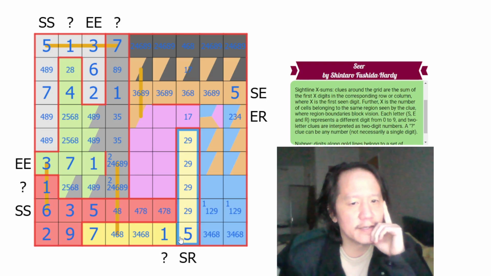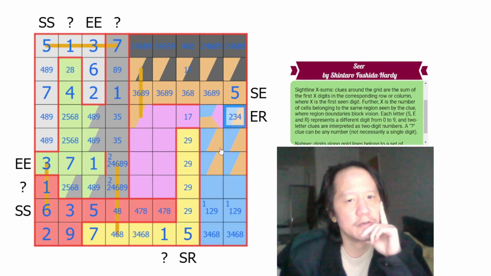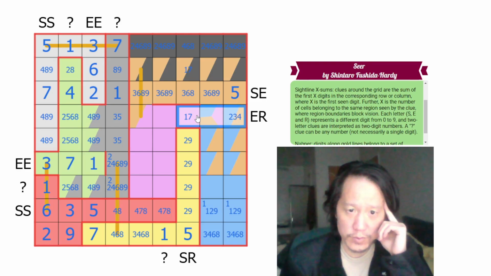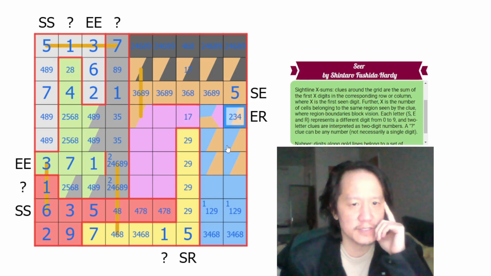This has to add up to at least 30. Can it add up to 30 without an 8? Oh, actually, this can never be... This can't be more than 2, right? Because we know this is specifically pink, and this can never be pink.